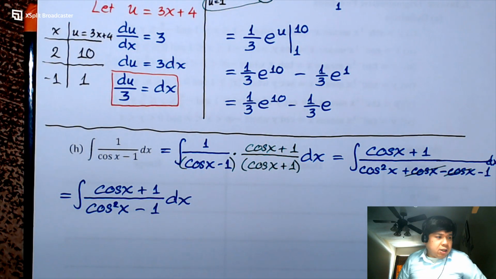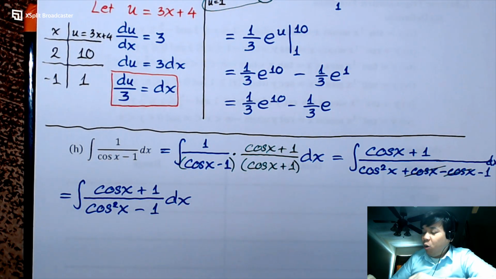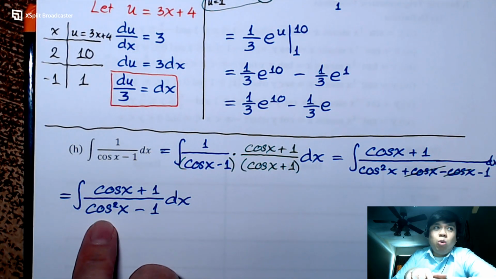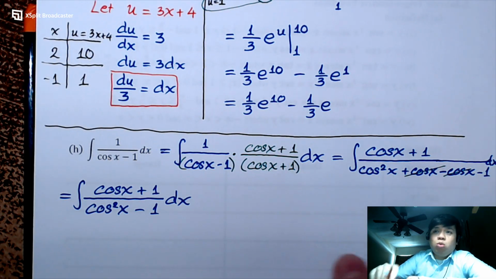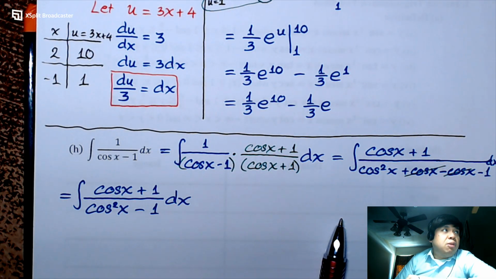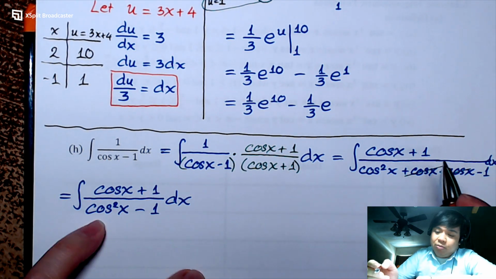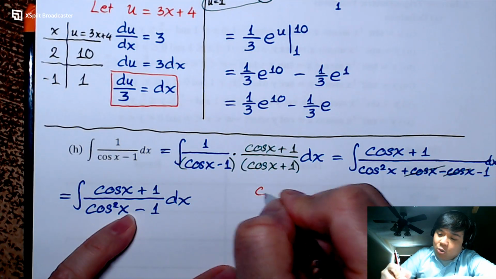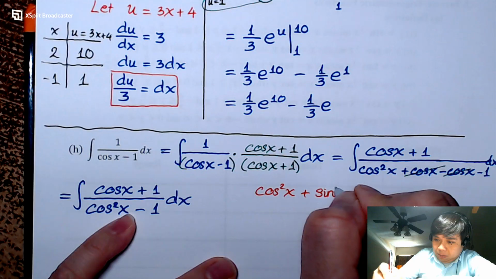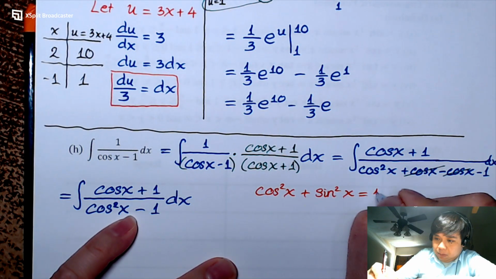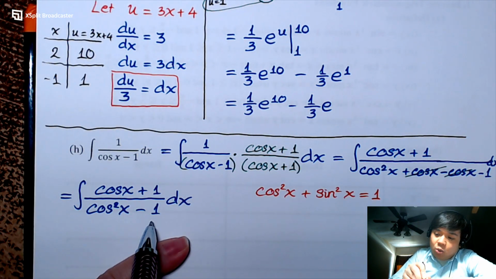So that helped. Because almost 90%, just 90%, not all. Usually when we have cosine square, we use the Pythagorean identity where sine square plus cosine square is 1. We use that a lot. Of course, if we don't use that formula, then we have power reducing, which is another story. But for now, cosine square plus sine square is 1. Will that help? Here we have cosine square minus 1.